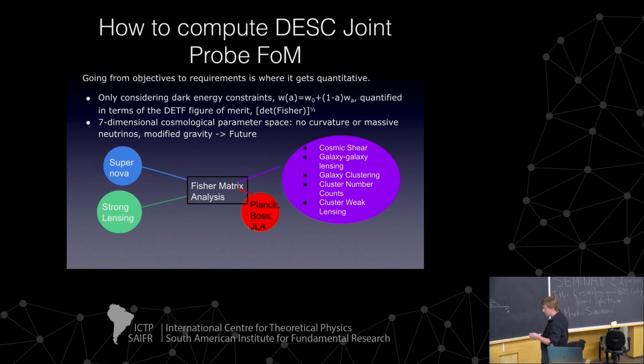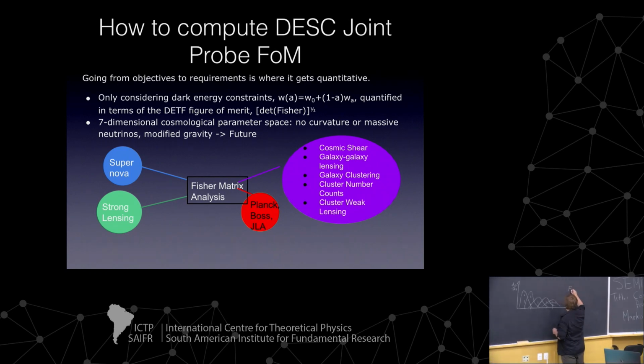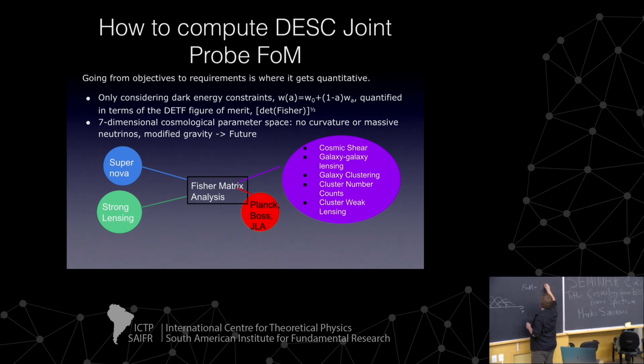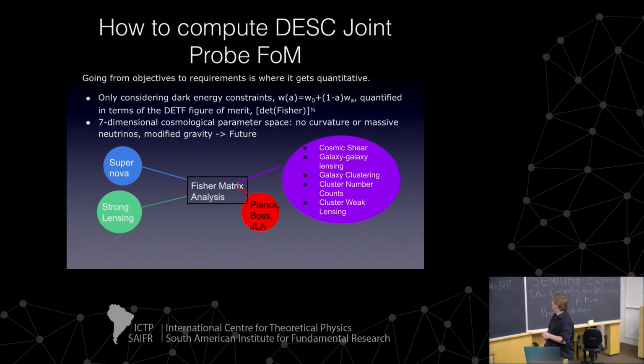That is the figure of merit. So you compute the Fisher matrix, calculate the determinant, take the square root, you get this number, and this number better be larger than 500, otherwise we've failed in the eyes of NSF and DOE.